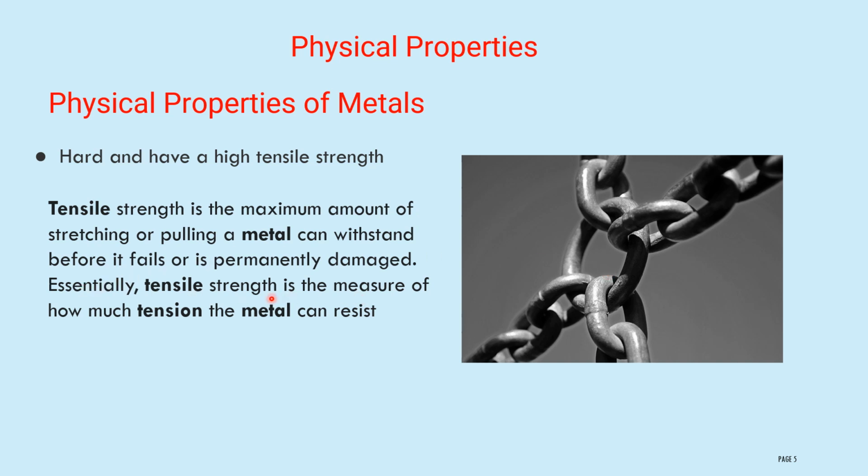Essentially, tensile strength is the measure of how much tension the metal can resist. Always remember, tensile strength is nothing but the stretching and pulling of a metal. If you stretch a metal, how much tension it can resist, that we call the tensile strength of a metal.